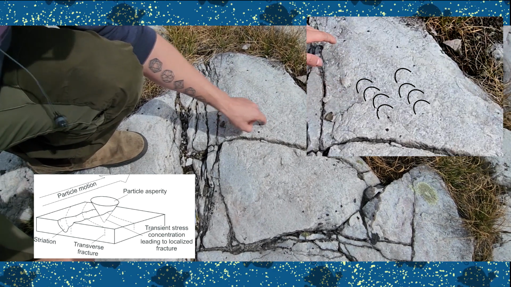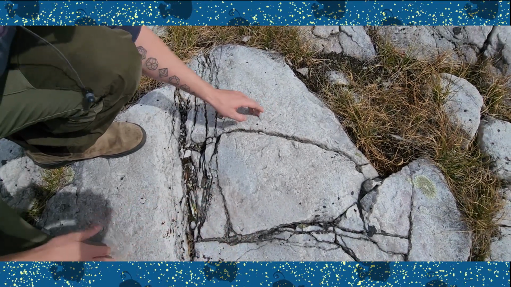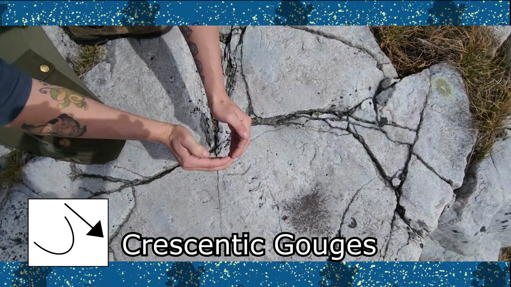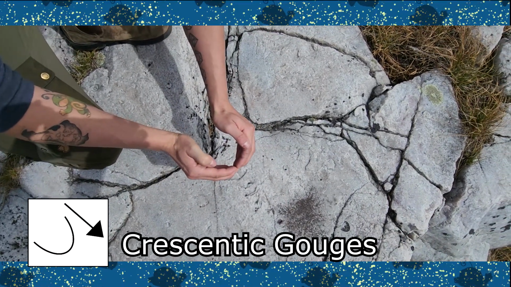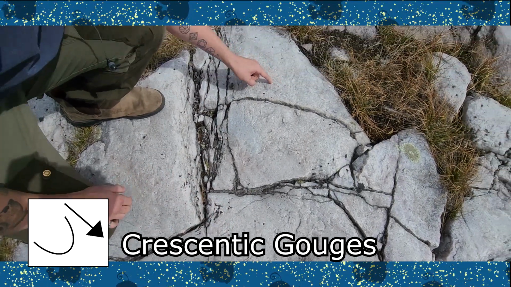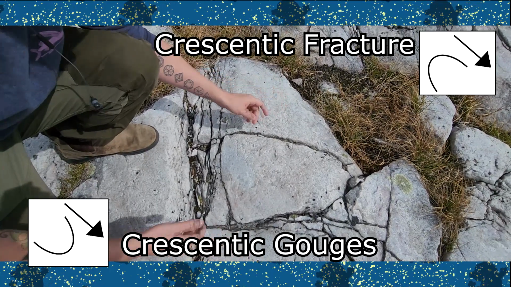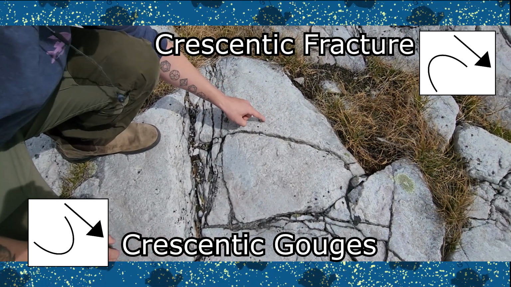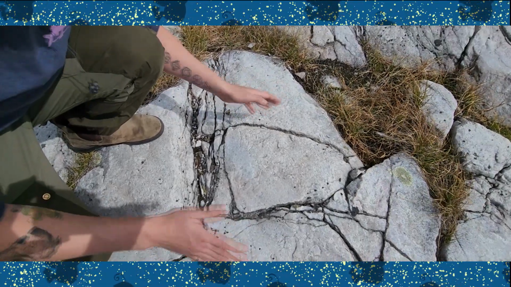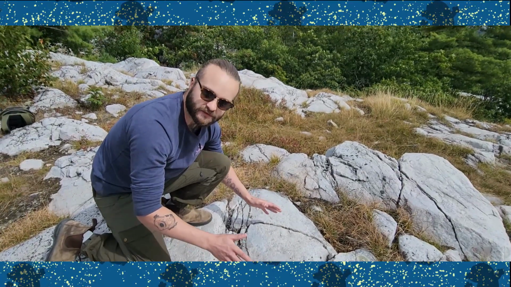Half circle structures that are moving across, but they're a little bit different. They're a little bit smaller, and instead of the U pointing the way of direction for glacial movement, much like our crescentic gouge right here, the crescentic fracture, which is a byproduct of our glacial striations, forms in the opposite direction. So they look very similar, but the difference in pointing of direction is the main difference between these two.